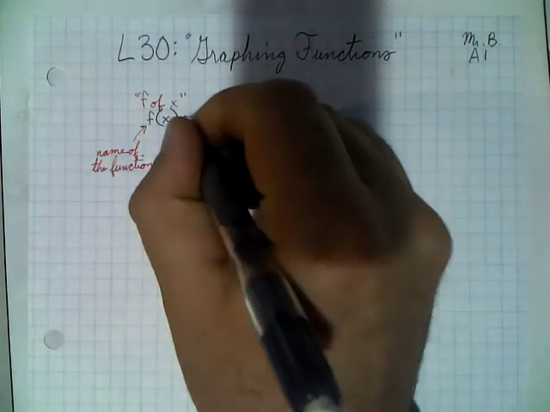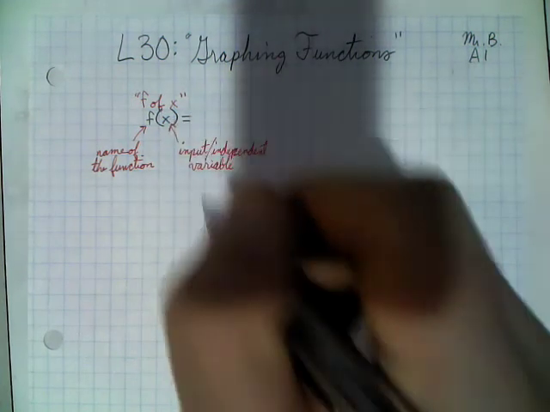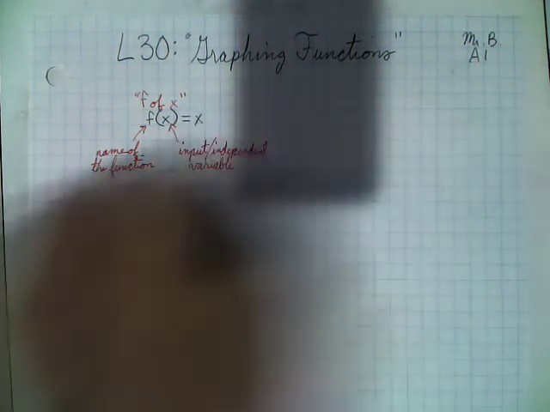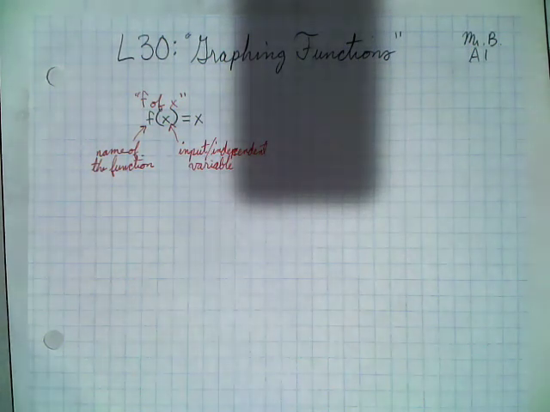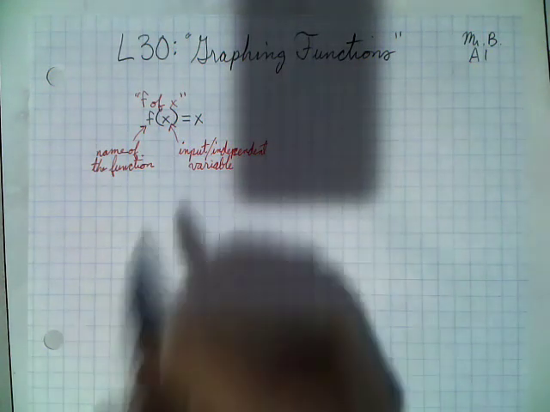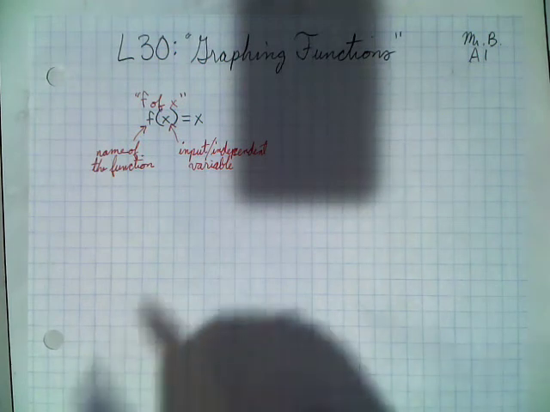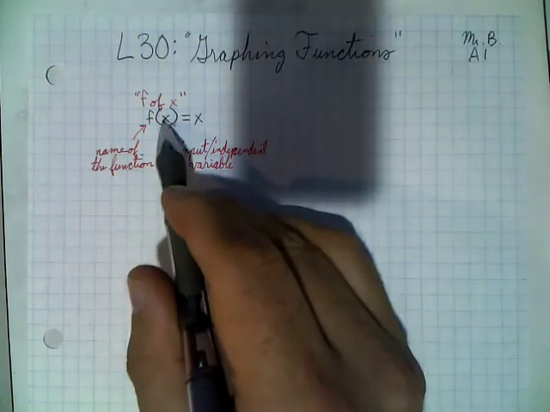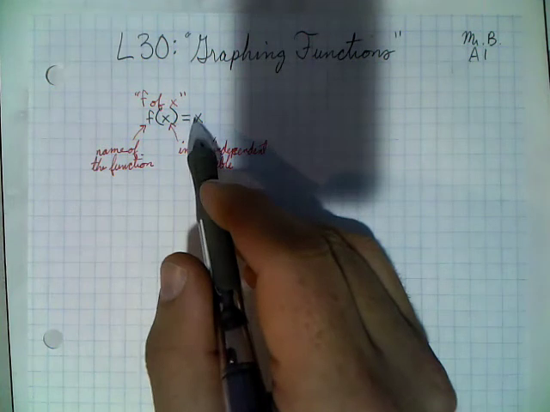Now, in this case, we're going to keep things real simple to start with. We're going to say that f of x equals x. By making this into an equation, I am telling you what this function is doing to my input value. In particular, this one isn't all that exciting, because if I put x into the function, I get out x as an answer.